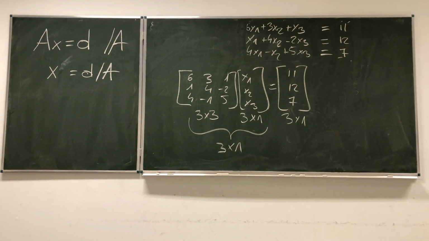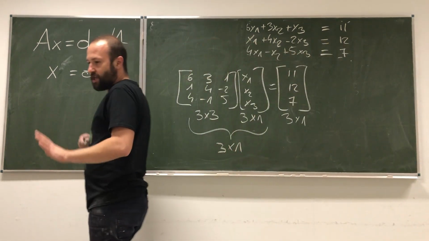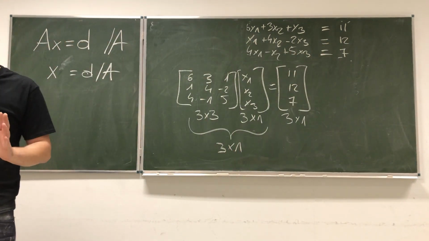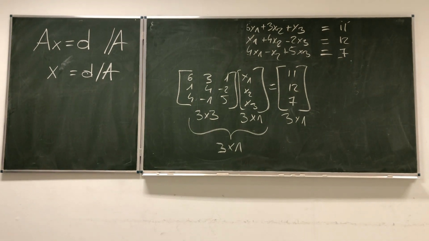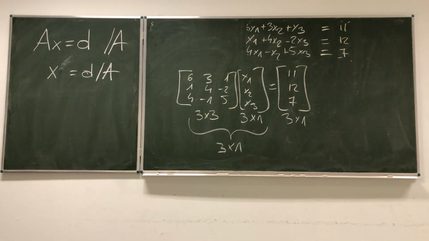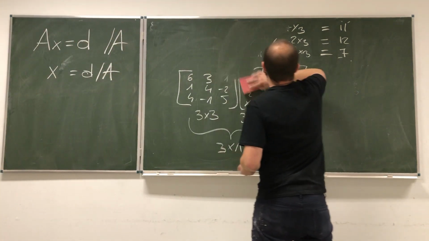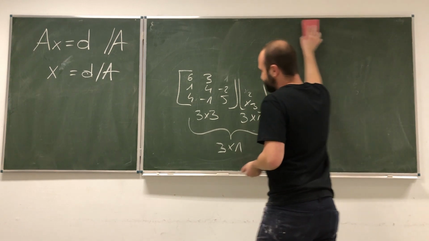But enough. For now, just remember that there's no division, but we can somehow multiply by a reciprocal. Right? We will deal with this a little bit later once we know a little bit more about matrix algebra.